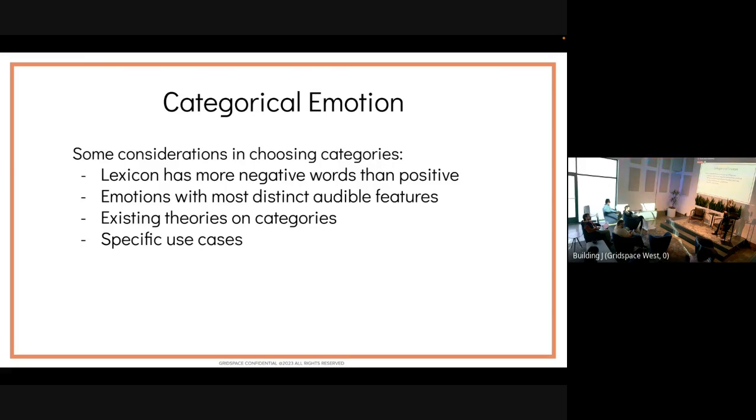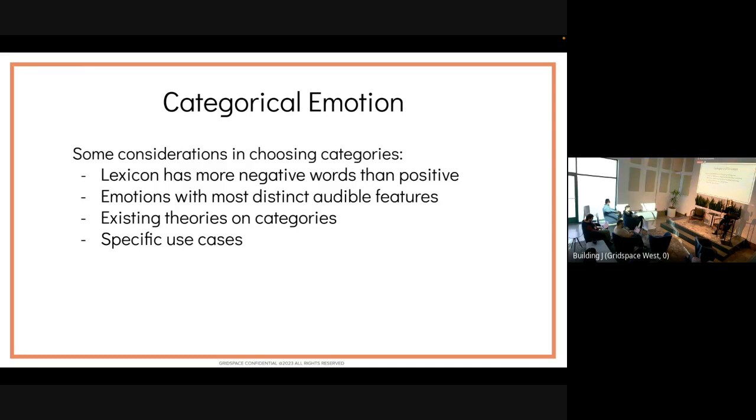When you need to decide on your categories, we already spoke a bit about the different theories of categories, but there are some considerations. The lexicon tends to have more negative words than positive. There's more of a need: if you're happy, you don't need to talk about it as much, while if you're unhappy, apparently there's finer grained granularity to that.